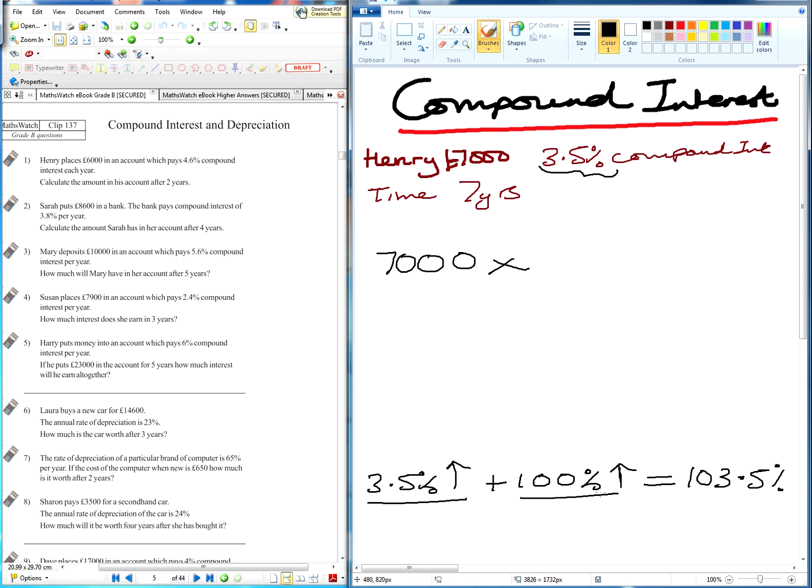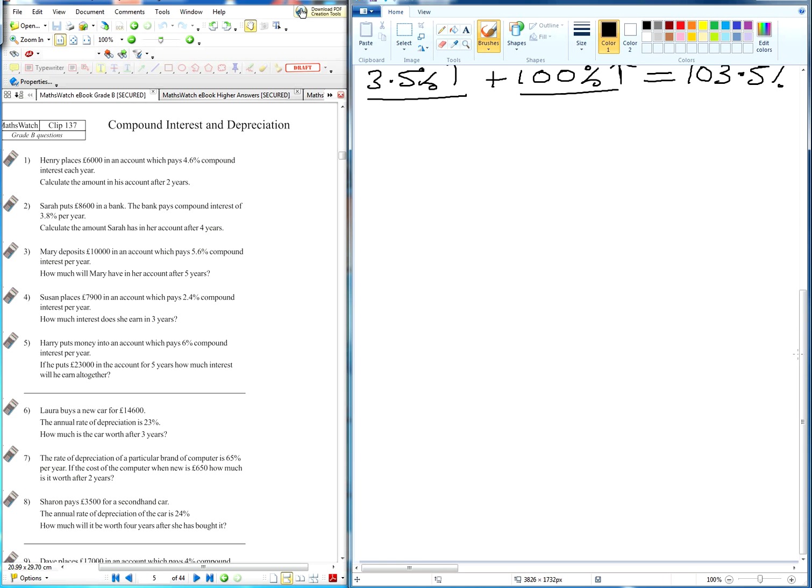Sorry about that, some little technical issue. So 3.5% compound interest means we interpret that as 103.5%.